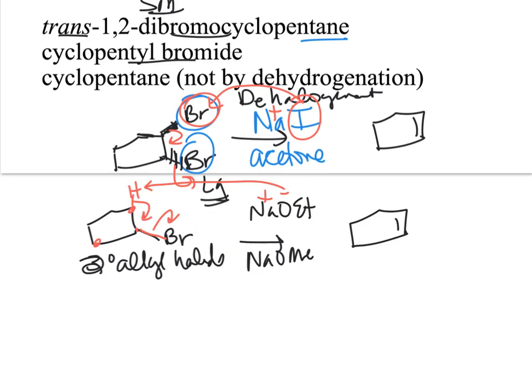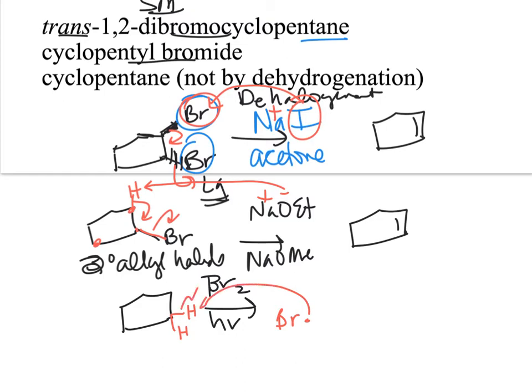Okay, the next reaction, it says cyclopentane. So how do you do this from cyclopentane? Well, you got to add a halogen in there, and this is free radical halogenation. We did this in chapter 4, where it's going to generate the bromine radical, and then the bromine radical can abstract a hydrogen to generate the free radical.